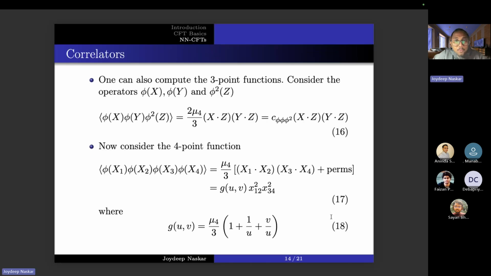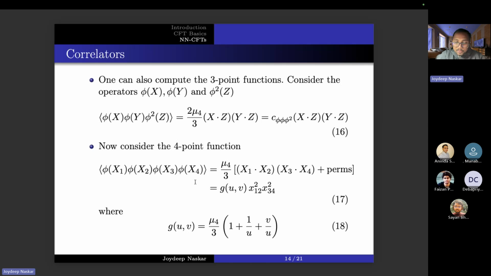So similarly, one can compute the 3-point functions as well, and also the 4-point functions, and then re-express them in the form of the 4-point function that I showed before. Now that we have this equation 18 from the 4-point function, can we do a conformal block decomposition and understand what spectrum of operators would appear?